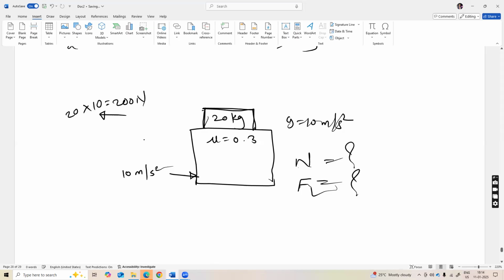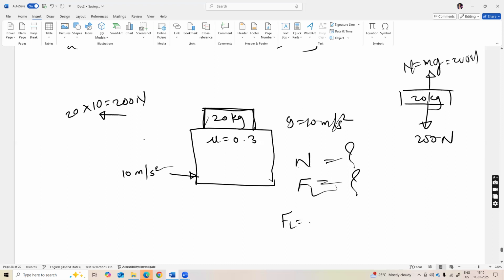The pseudo force won't play any role in the normal reaction. If you have a mass of 20 kg, weight will act downward, 200 Newton, so normal reaction will be equal to weight, 200 Newton only. Limiting frictional force is mu n, so it will be 0.3 into 200, and it will be 60 Newton.